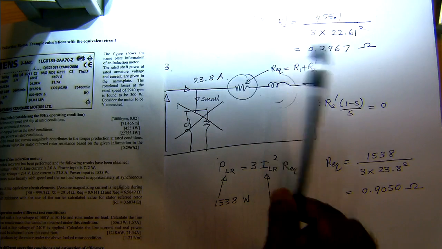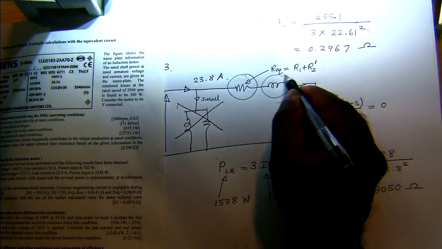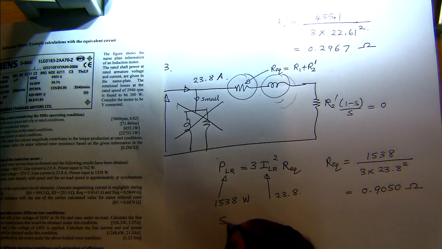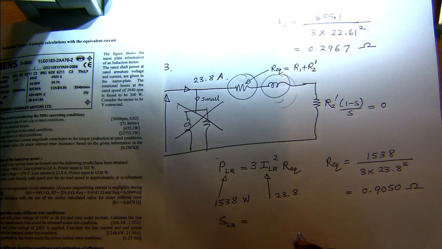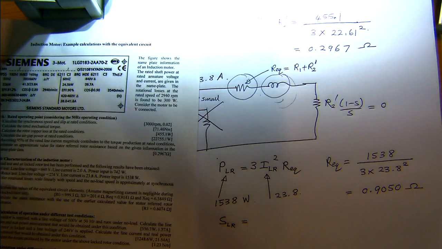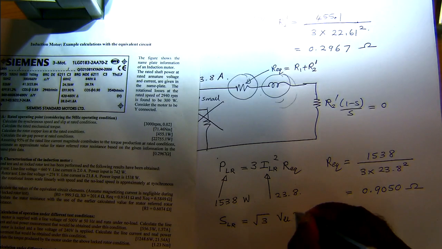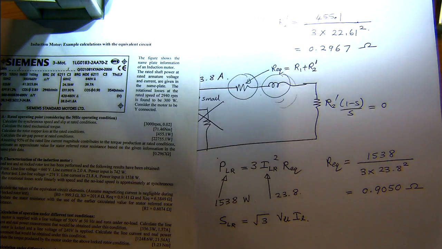And then the reactive power is associated with this particular element. So we can find the apparent power as lock rotor is the voltage times current, but we are given the line-to-line voltage. So we can write this as √3 V line-to-line, I line. That's the total apparent power.